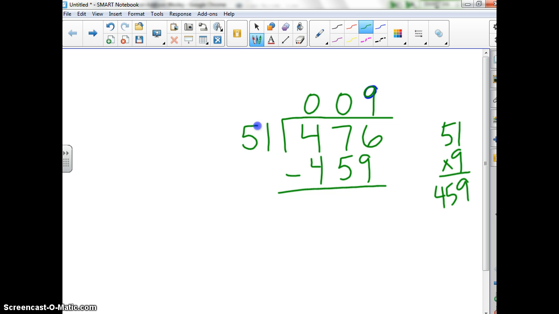It works. That's my guess. Can anybody help me with this? 6 minus 9 is? Can't do it.